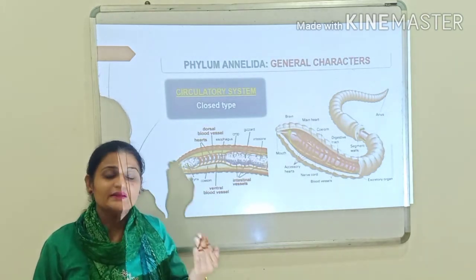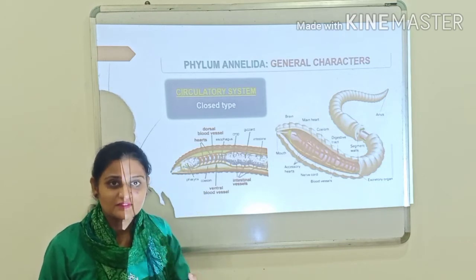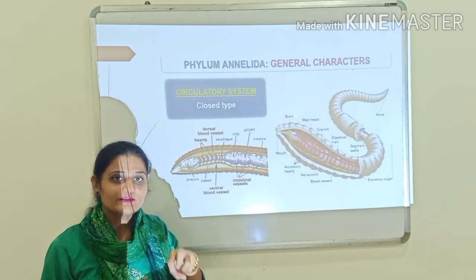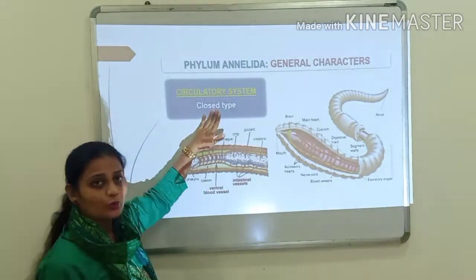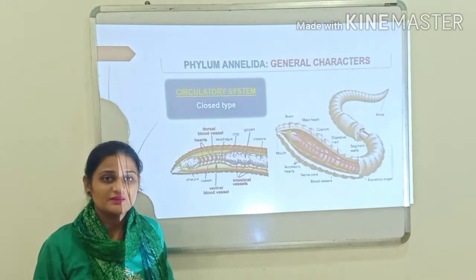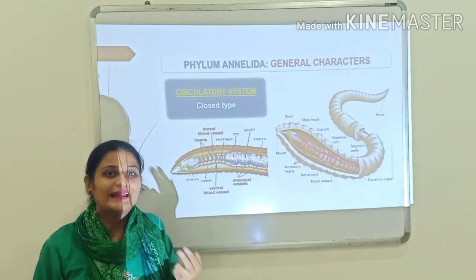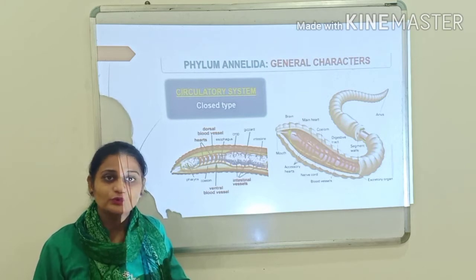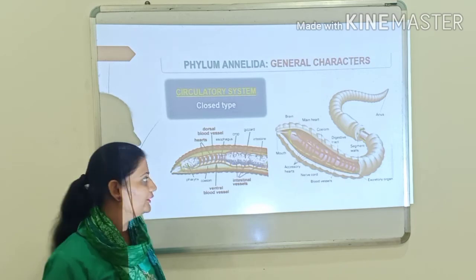So blood will be released in between the cellular spaces. Okay, it will be released in the space between the cells. Whereas here it is closed type of circulatory system, means when the blood is pumped out of the heart, the blood will enter in the blood vessels, and through the blood vessels it will be taken to all other parts of the body.